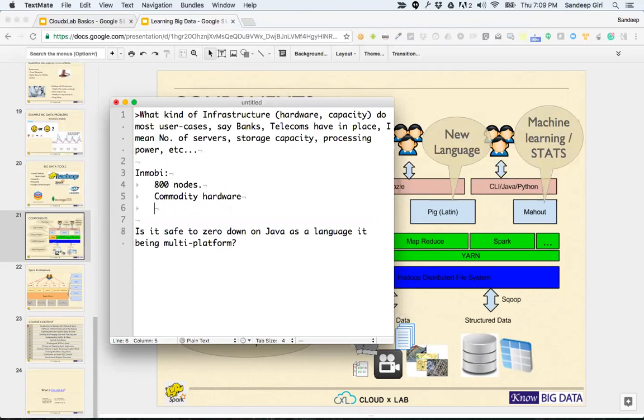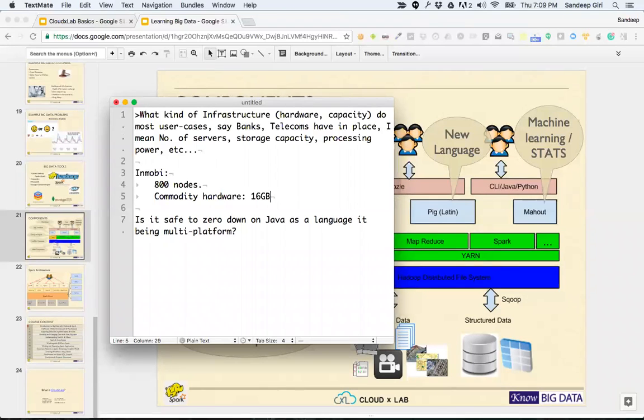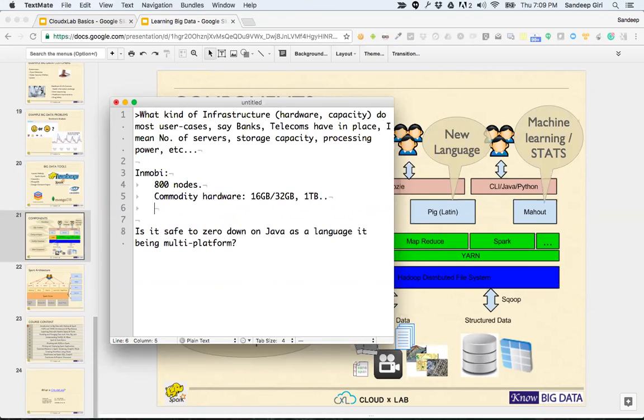Commodity hardware means high quality hardware, but the RAM was say 16 GB or 32 GB, and on every machine we kept 1 TB of hard disk and so on. Although out of these 800 nodes, the earlier ones, the ones we built in 2010, were pretty low end, 4 GB and 8 GB nodes.